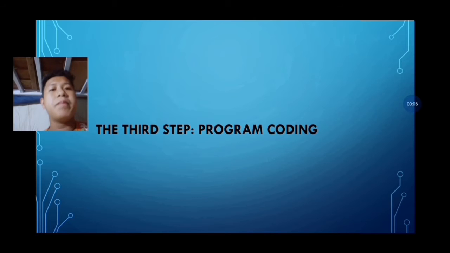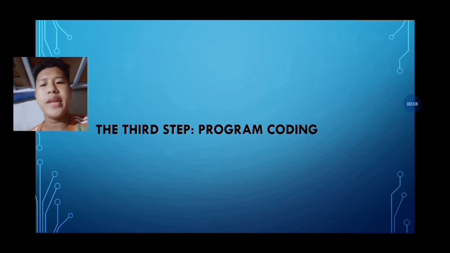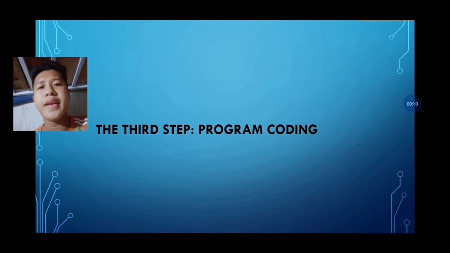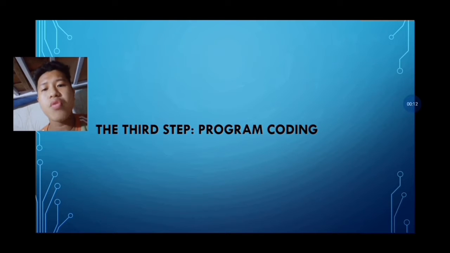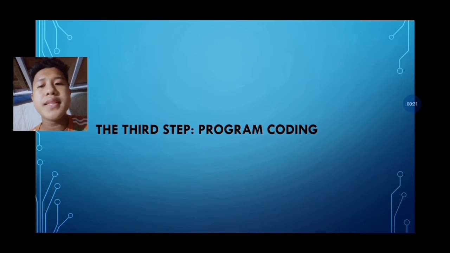The third step, program coding. Once a program design has been developed and reviewed in a structured walkthrough, the actual writing of the program begins. This process is called coding.